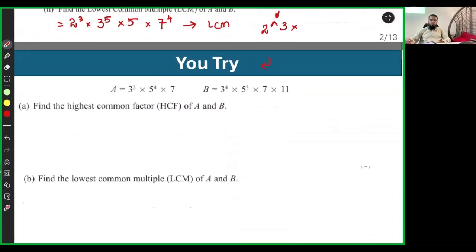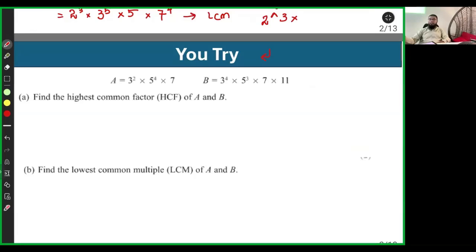This is the question. You need to find out the HCF of it and LCM of it. करिए जरा फाइन. जब मैं कहूंगा only then you have to write down your answer in your Zoom chat box. One more thing, if you're done, you can write done in the chat box.